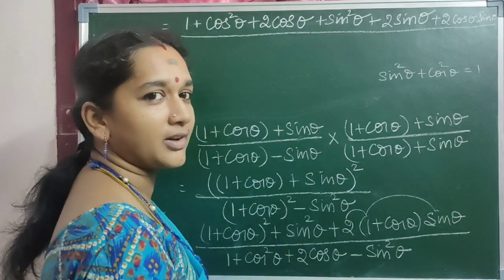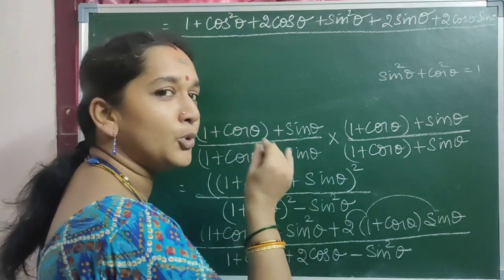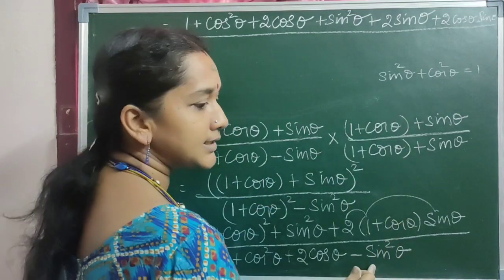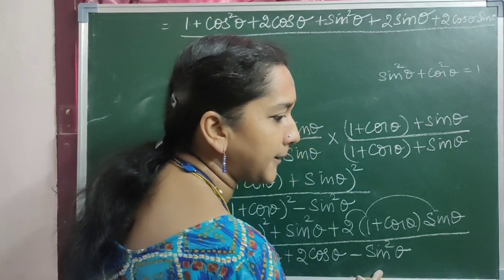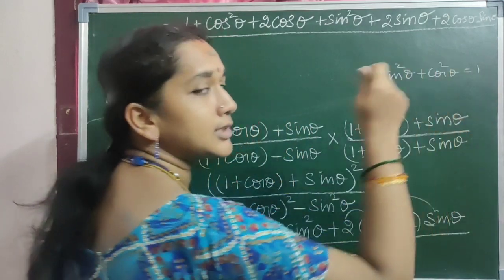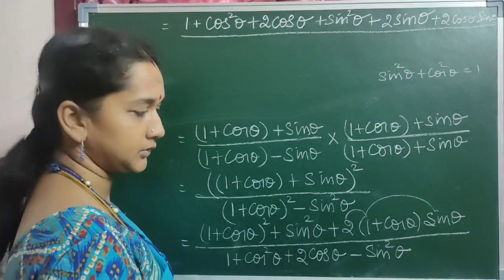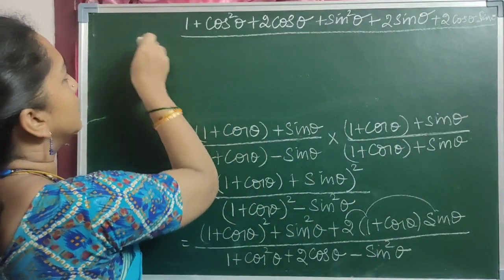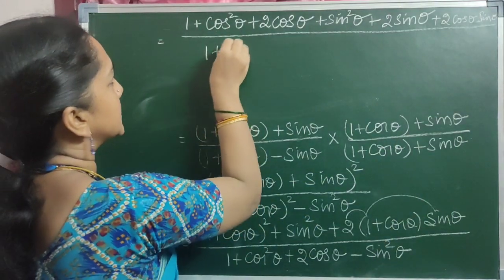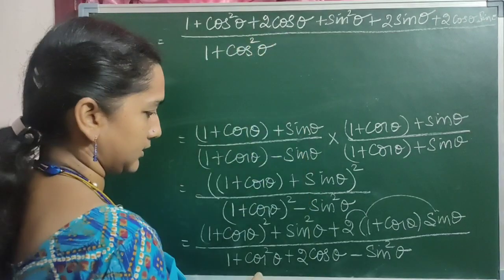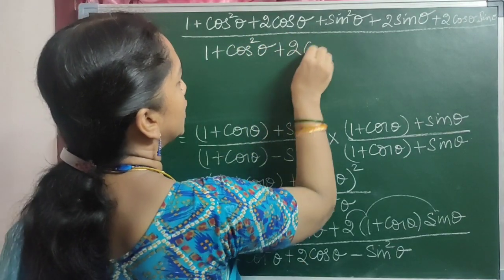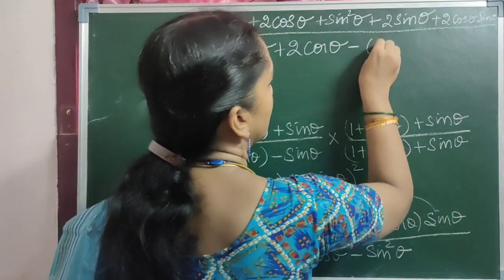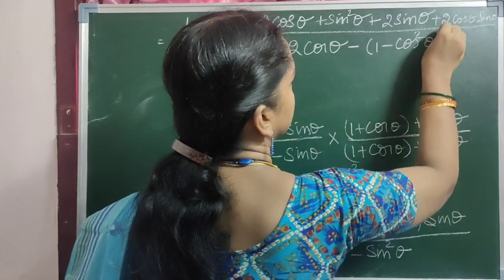So many calculations are there, so each and every step, do it carefully. So: 1 plus cos square theta plus 2 cos theta, minus (1 minus cos square theta).